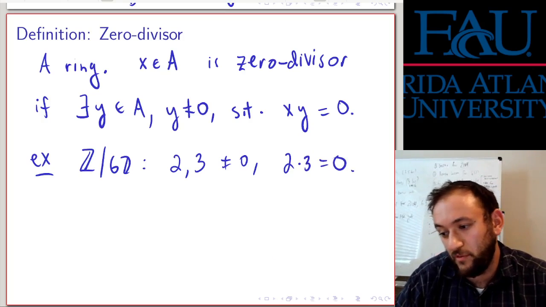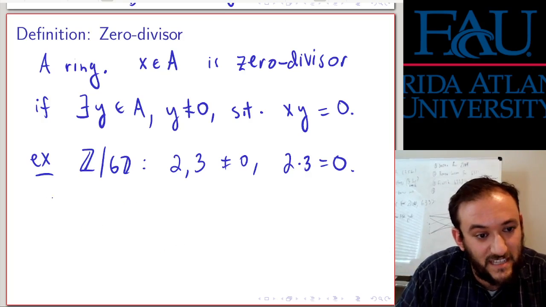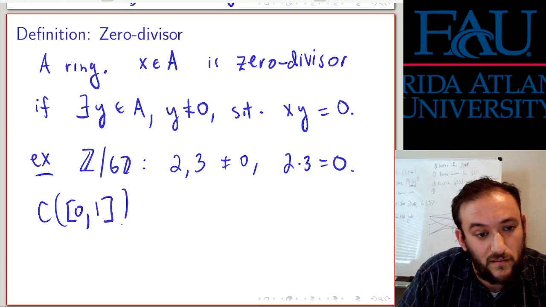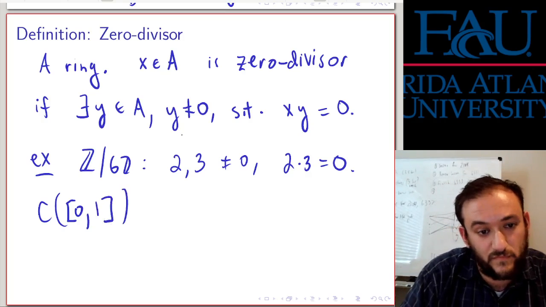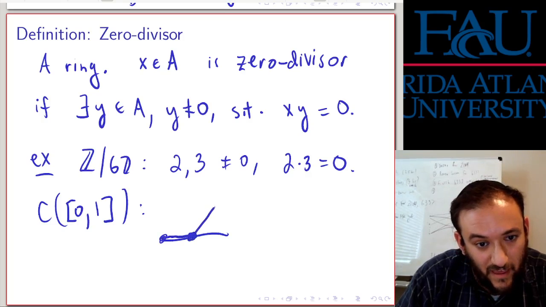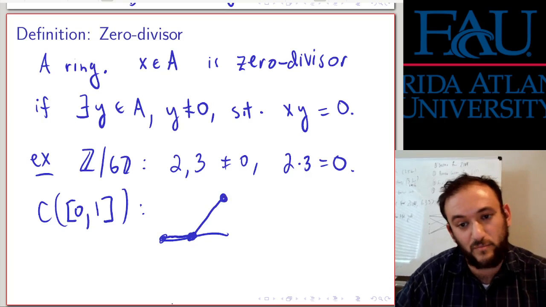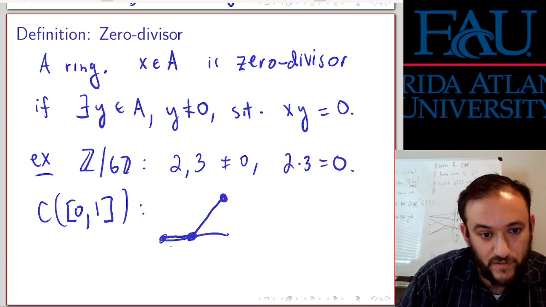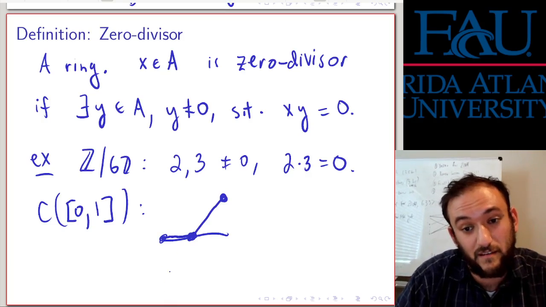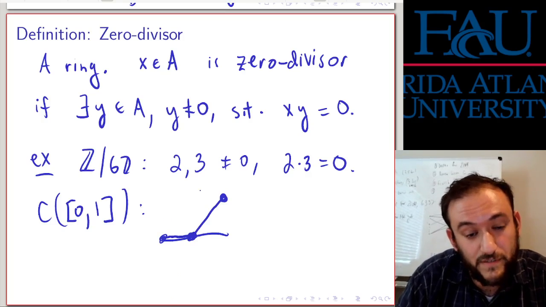Okay, another example, if we want to think about continuous functions on the unit interval, then if you think about the function that looks like this, where you start with identically 0, and then you have a line going up to 1. So this is the graph of a function from the interval to the real numbers.